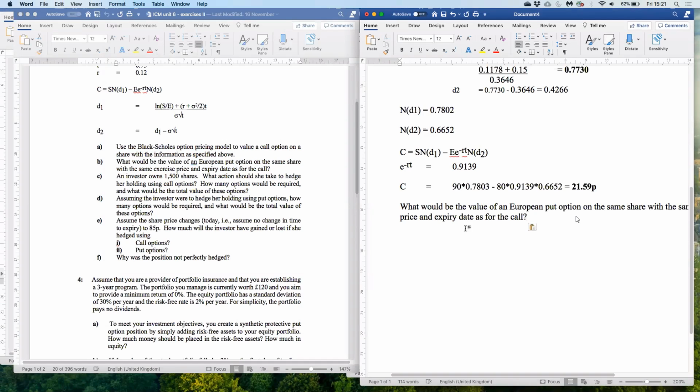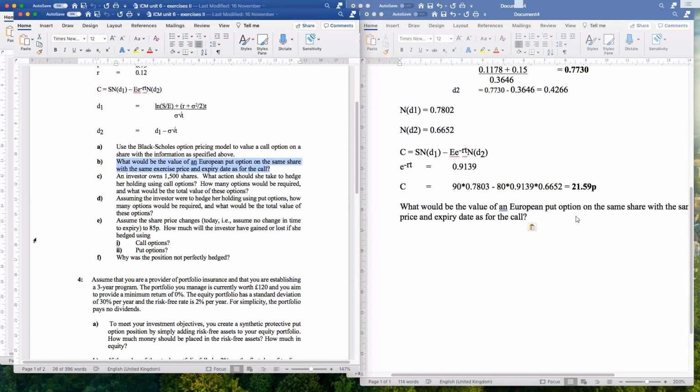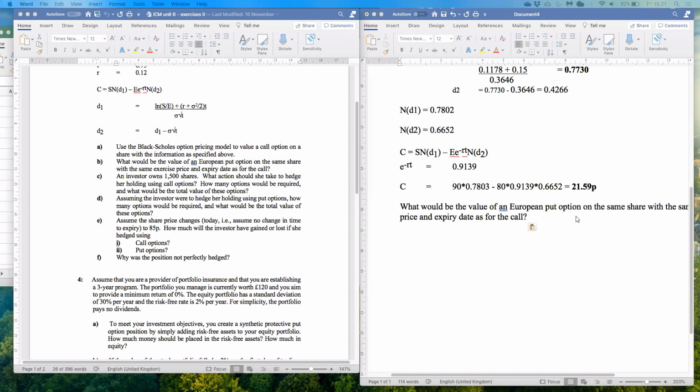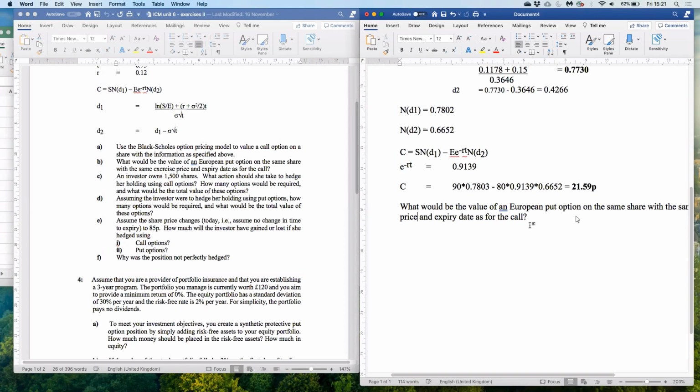Question B: what would be the value of a European put option on the same share with the same price and expiry date as for the call? Basically, we are using the formula of put-call parity here. The stock price plus the put option equals this value plus the call option.